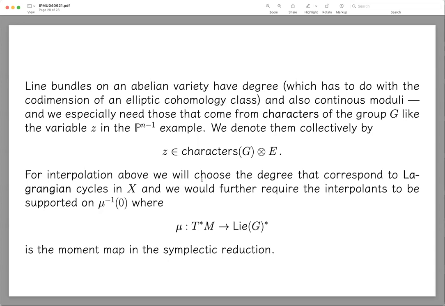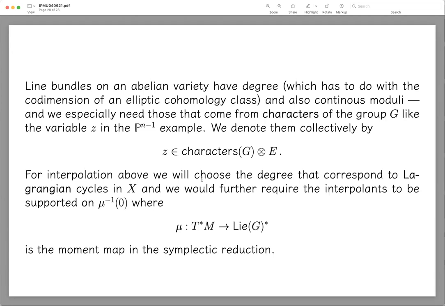Anyway, so this is what it is. The degree that we would like to interpolate is this: the degree of a line bundle corresponds to the codimension of an elliptic homology class, and we would like that degree to be kind of middle. That means we would like the elliptic homology class to be like a Lagrangian cycle.